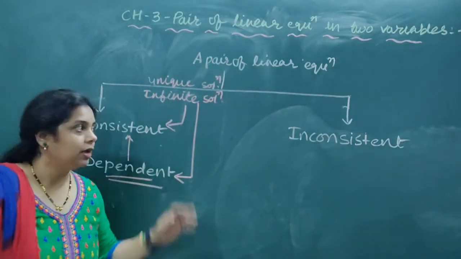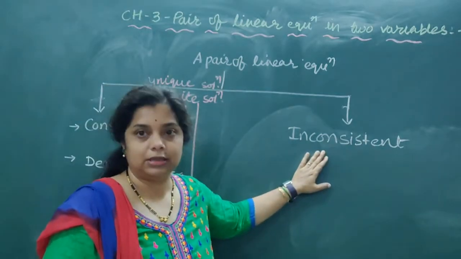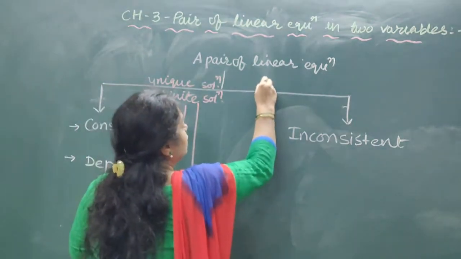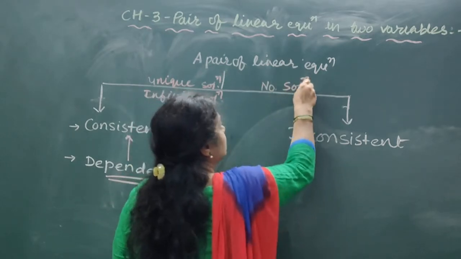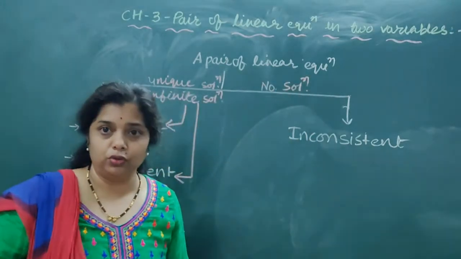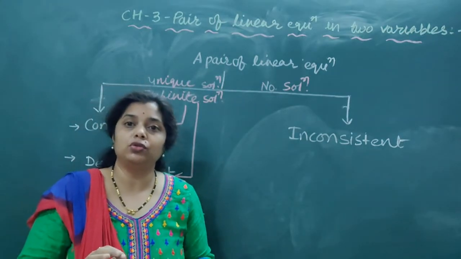Now, on the other hand, what is an inconsistent pair? If any pair of equations doesn't have any solution. When do we get no solution?